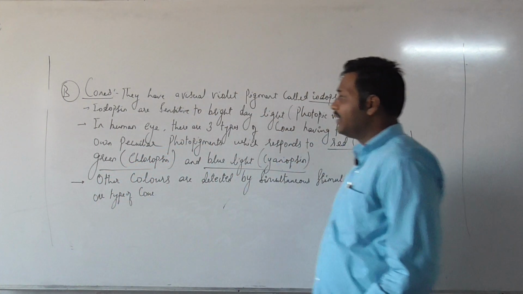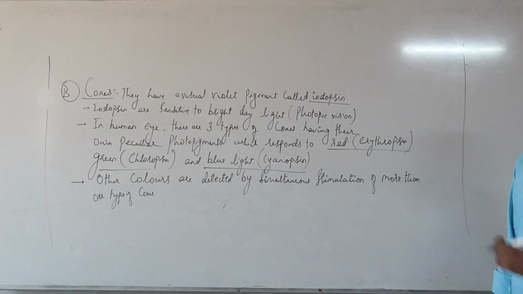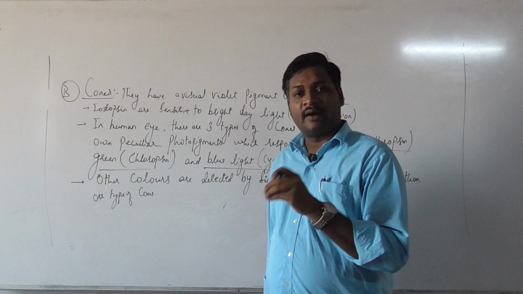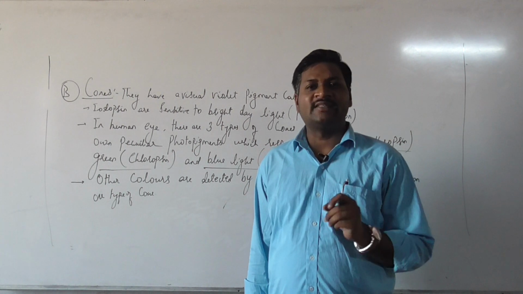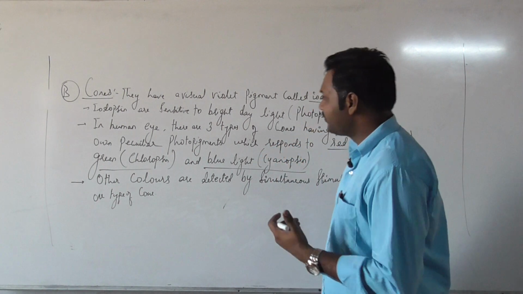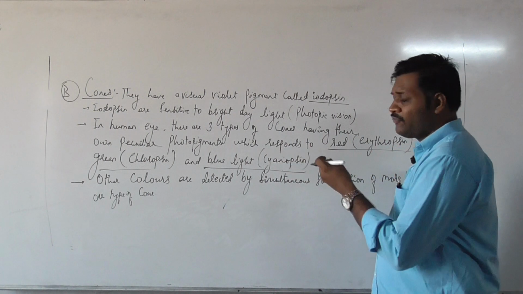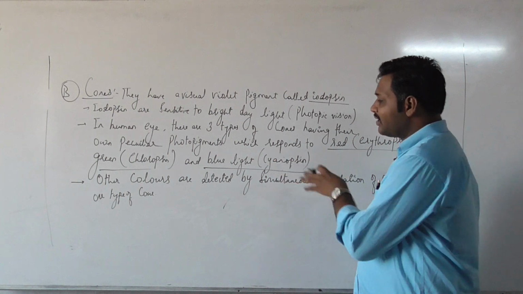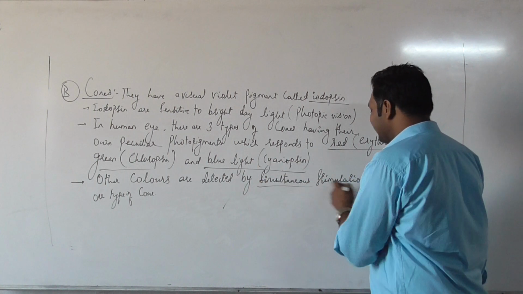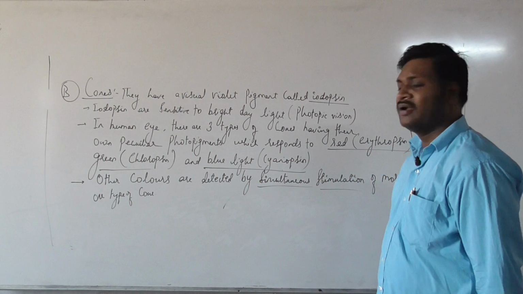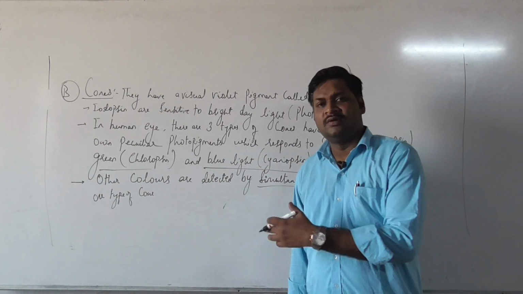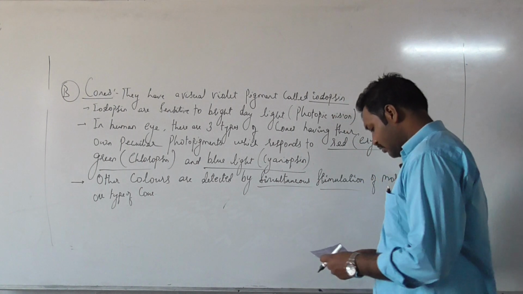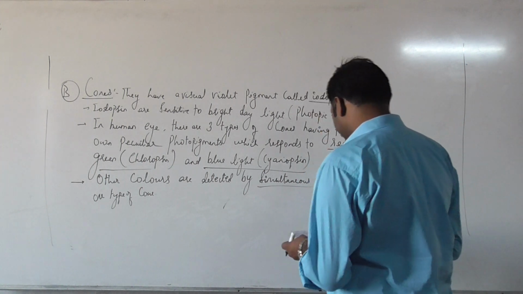Basically, our eye also observes different colors. When we look at different parts of the surroundings, we can see different types of colors, and these are due to these photopigment systems. Due to the activity of cones, we can analyze different types of colors.